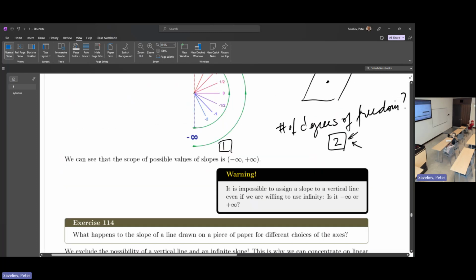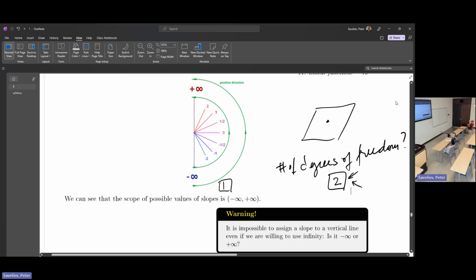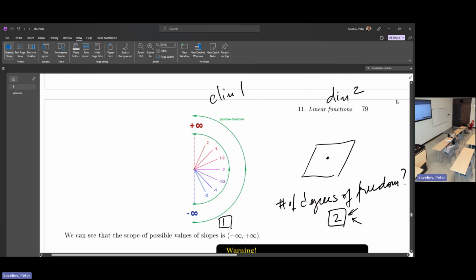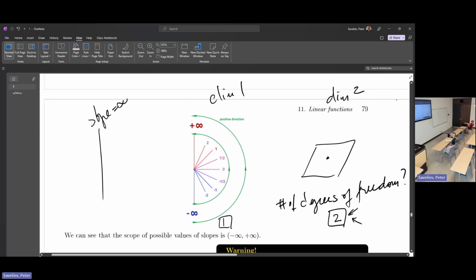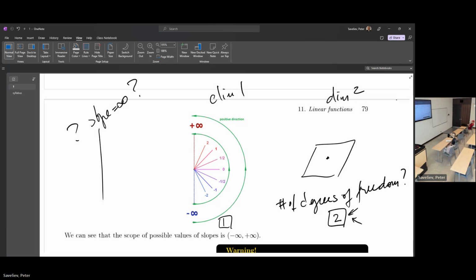Okay, so vertical lines are excluded, right? Vertical lines are excluded because the slope is undefined, and the picture shows why it is not advisable to think of a vertical line as having slope equal to infinity. Look at the picture in the middle. Both positive and negative.